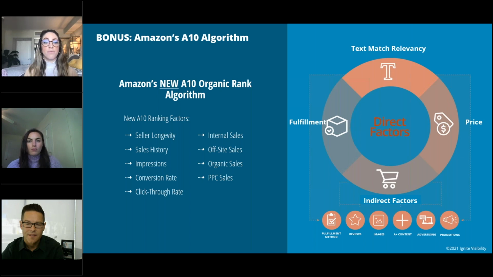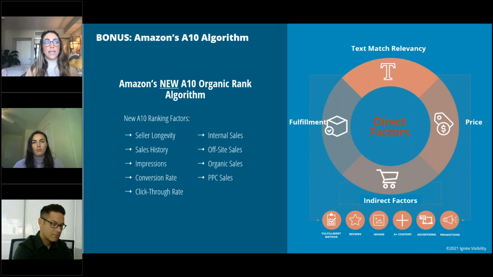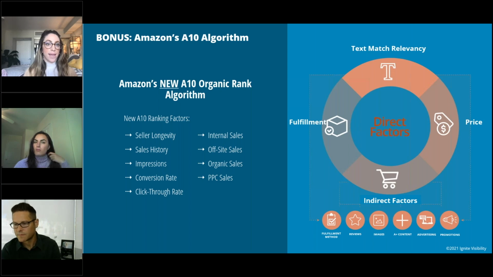And then one of the big things here that's really important too, that wasn't as weighted in the last algorithm, is off-site Amazon sales or off-site Amazon traffic. Like I was saying earlier, since about 2/3 of US consumers start their product search on Amazon, Amazon's going to be rewarding you even more if you're driving traffic from outside of Amazon.